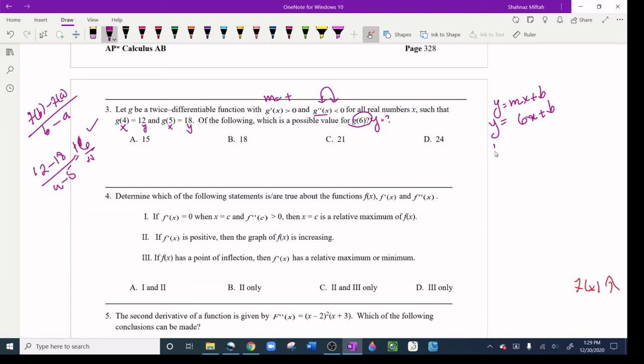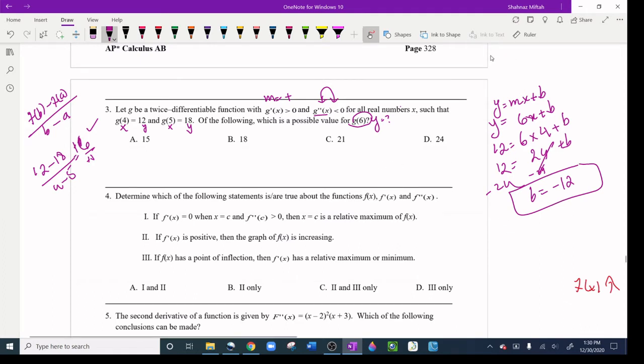We did these kinds of questions in 8th grade. 6 times x is 4 plus b. Like I plugged in this ordered pair, that 4 and 12 ordered pair, and I have to get the b. This is 24, that's 12. Subtract 24 from both sides, and I'm going to get b equal negative 12. So my b is negative 12.